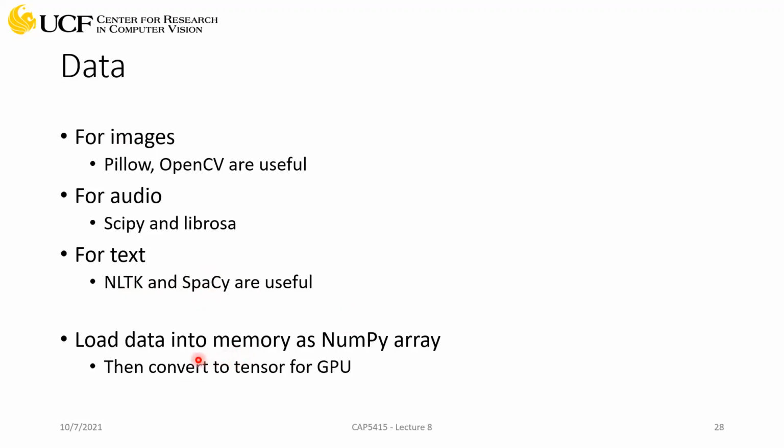Okay, so the idea in this step is that all your data will be on your disk, saved somewhere in some kind of format. If it's images, then they will maybe be JPEG files or PNG files. So what this step is going to do is load that data from disk into memory.